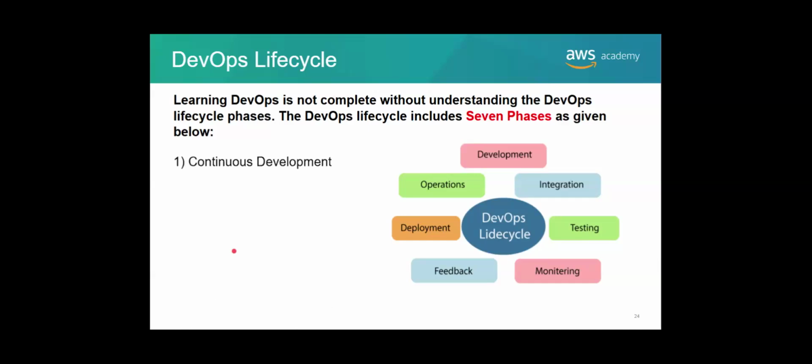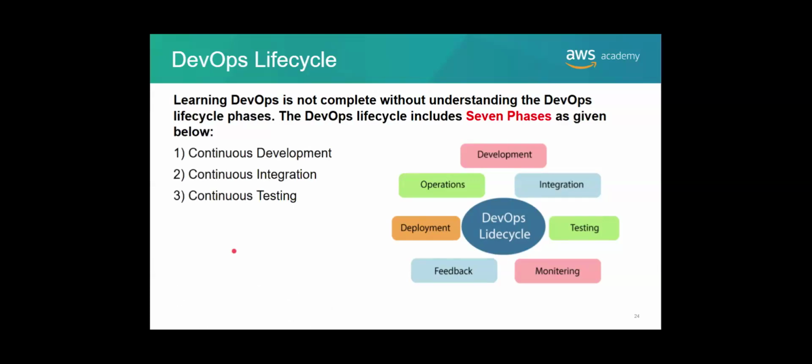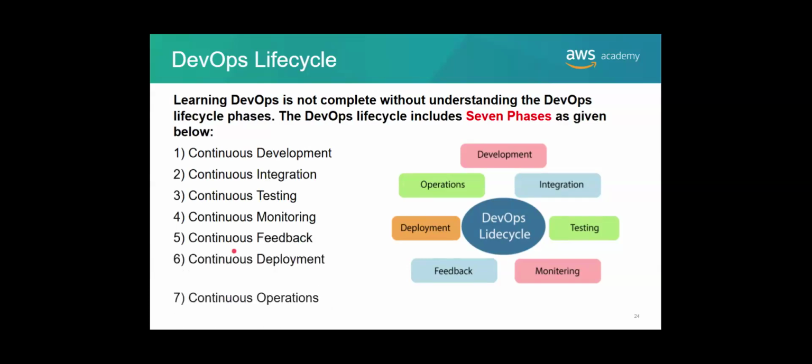First one is continuous development. Next, continuous integration. Next, continuous testing. Then continuous monitoring, feedback, deployment, and operations as well.